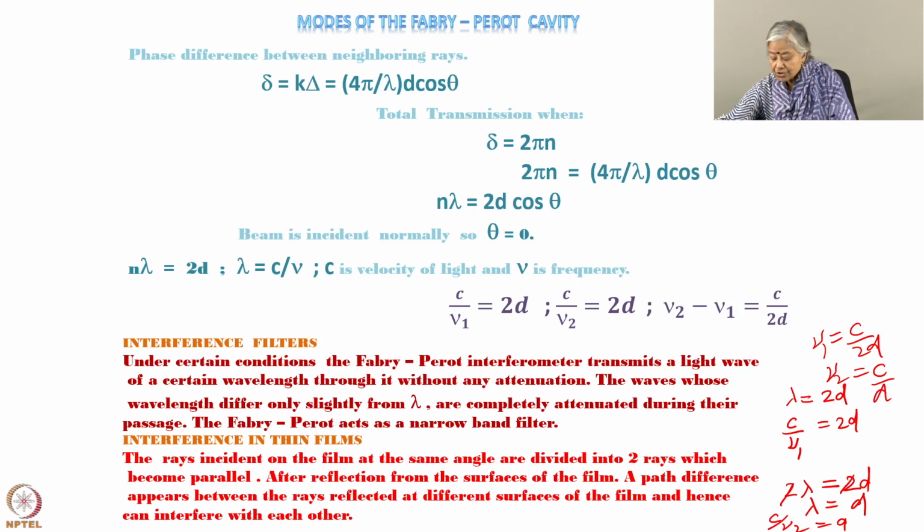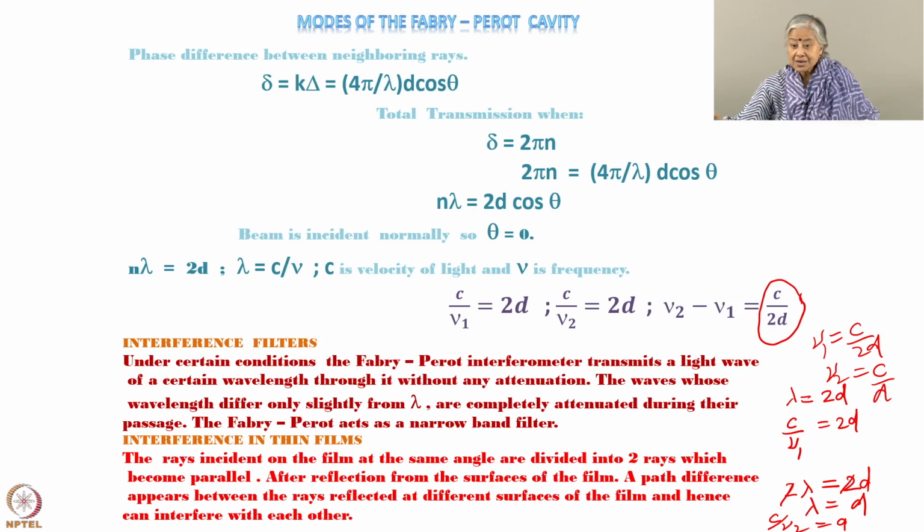At that time I had just given you that the separation between the modes is given by c by 2d, where d is the distance between the two mirrors, or the cavity length. But I hadn't derived anything. So the genesis of this formula, c by 2d, is from this Fabry Perot.